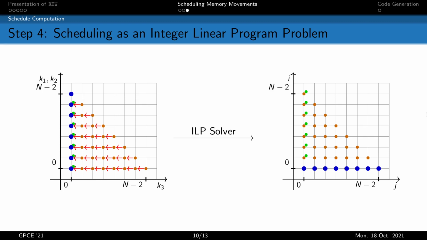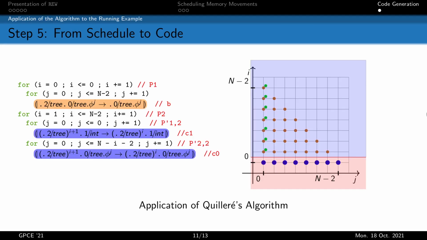The scheduling gives us the following, where points have to be executed with respect to the lexicographic order. After that, to produce the code, we use Quilleré's algorithm, which can scan polyhedra and produce the loops you can see on the right.